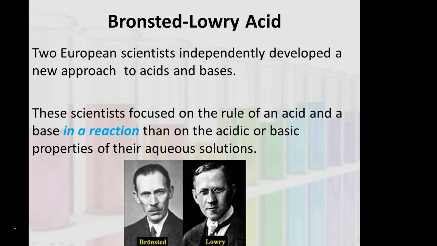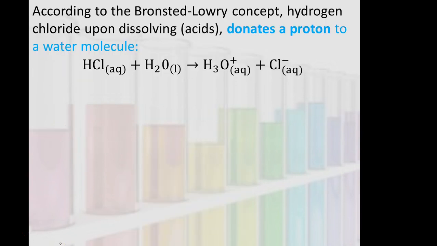They look at how they react in a reaction, and what they come up with is, according to the Bronsted-Lowry definition, an acid donates a proton to a water molecule. Now, when we're talking about a proton, because hydrogen has one lone electron, most of the time hydrogen is donating that electron, and so it's just going around as H+, which is essentially just a proton, and that's why we can say that it's a proton being donated.